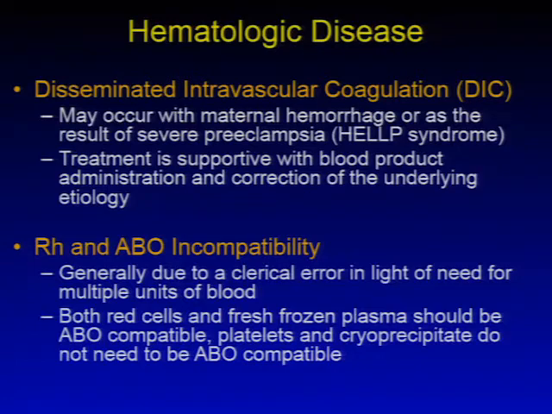Problems with blood typing are generally due to clerical error, but in light of need of multiple transfusions, both red cells and fresh frozen plasma should be ABO compatible. Platelets and cryoprecipitate do not need to be.